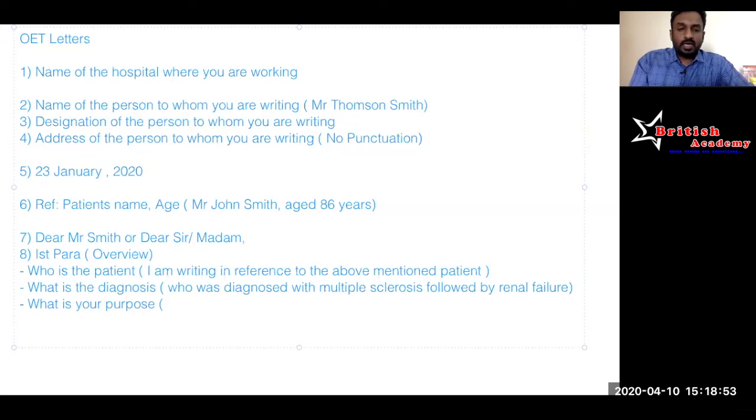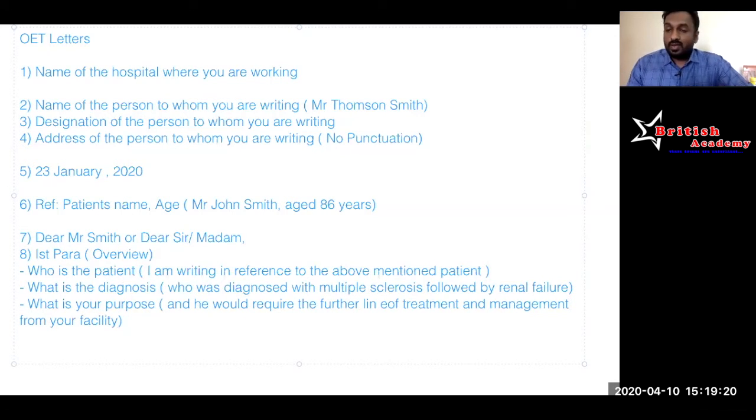Now, the purpose, I would say you can write it this way, like I can take the patient's name over here if you want. Otherwise, you can just join it together and you can write, and you would require the further line of treatment and management from your facility.